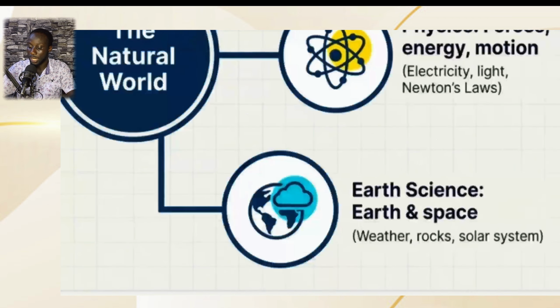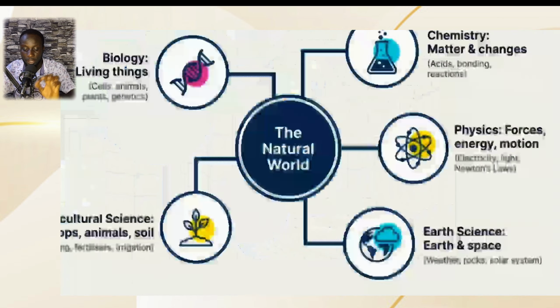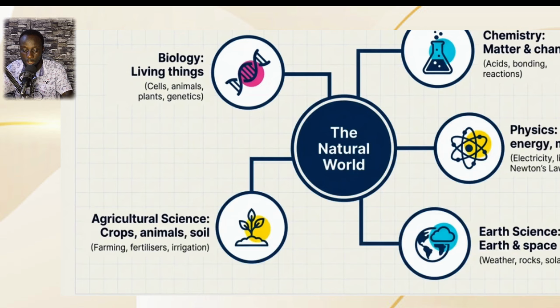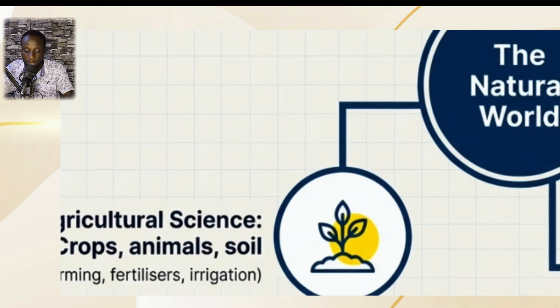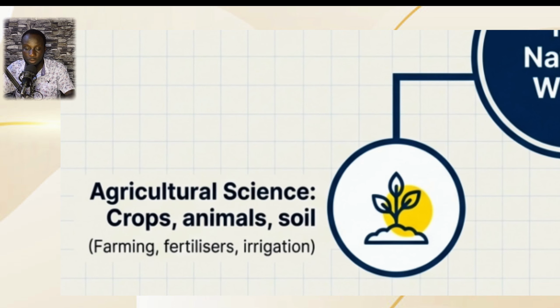Then when we come to earth science, we have the earth and space. You have the weather, the rocks, and the solar system. Then if you come to the agricultural level, which is agricultural science, you study the crops, you study the animals, then you study the soil.